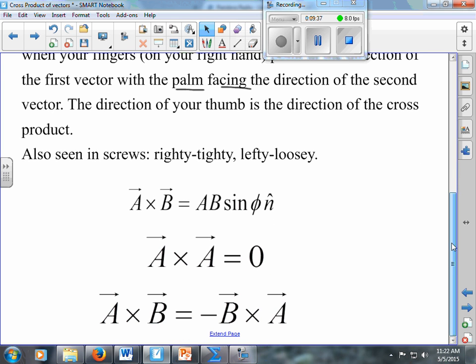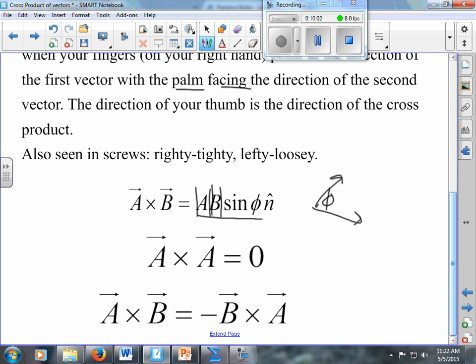And then the final thing here are a couple of properties. When you have two vectors, A cross B, and the angle between them is theta, then the magnitude of the resulting vector is AB sine theta. So it's the magnitude of A times the magnitude of B times the sine of the angle between them.